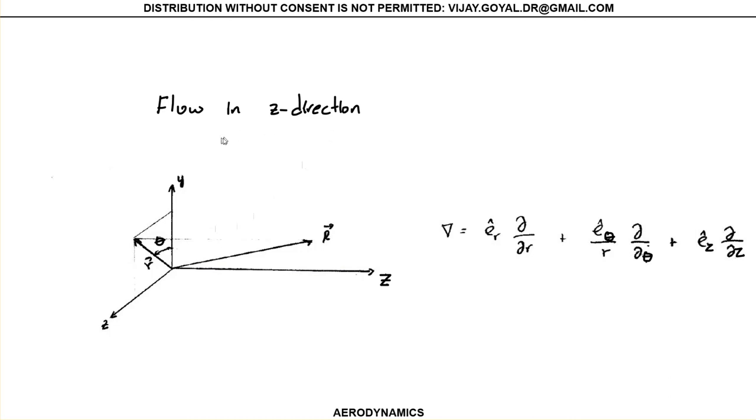Now, if the flow is in the z direction, then note the change. Now my velocity vector, now this is theta, now this is z. So this is how the equation changes if the velocity is in my z direction.